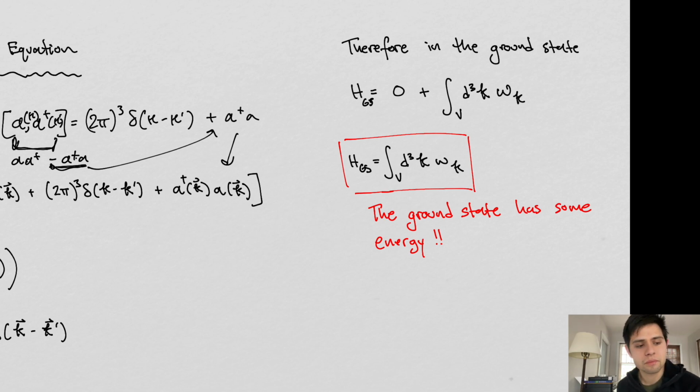And for a long time, people were using this as sort of a means of disproving God or something like that. This idea that even if there's nothing, there's still something, right? There's still this ground state energy.